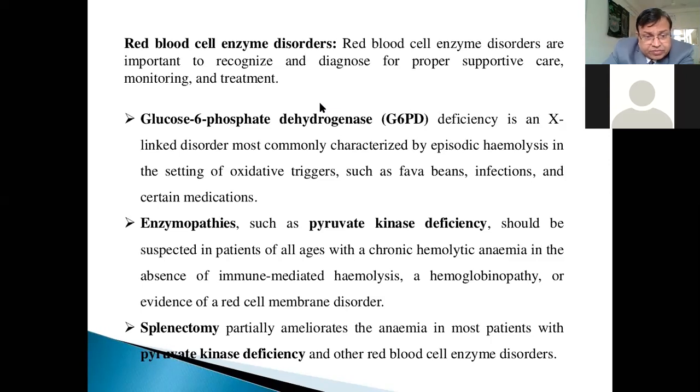Splenectomy, when the spleen is removed from the body, partially ameliorates the anemia in most patients with pyruvate kinase deficiency or other red blood cell enzyme disorders.